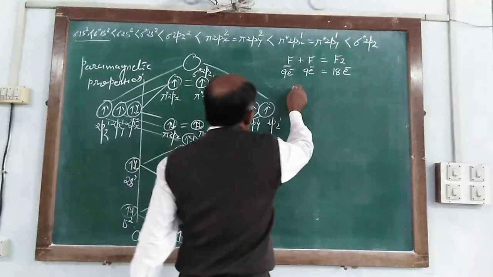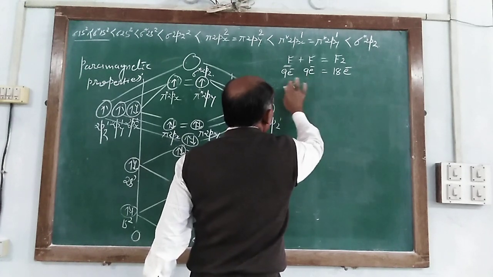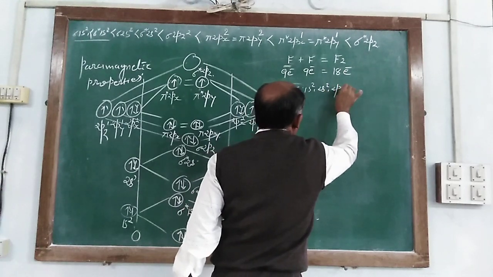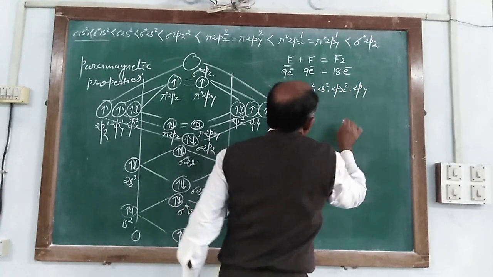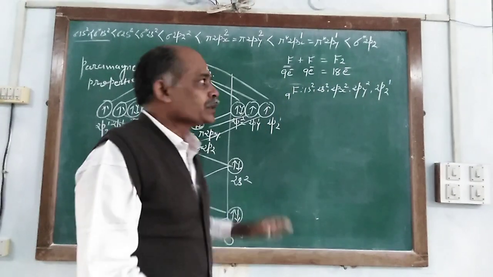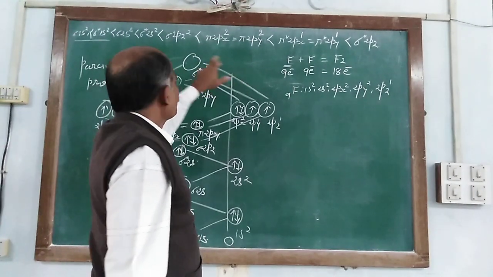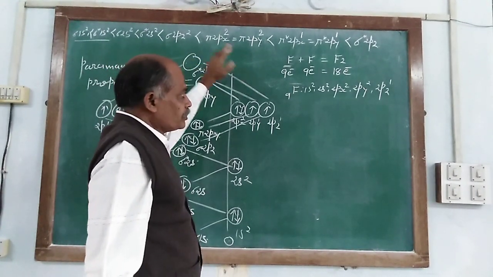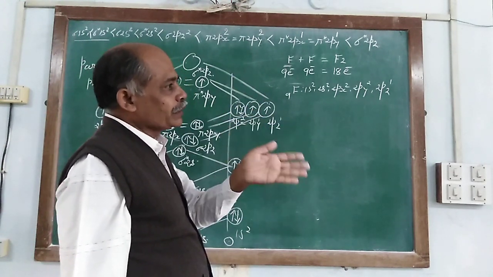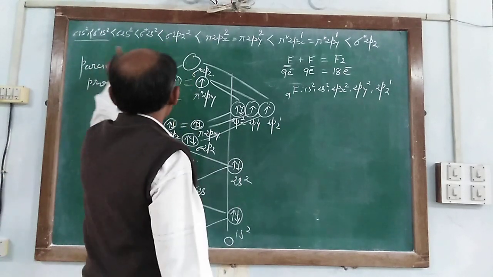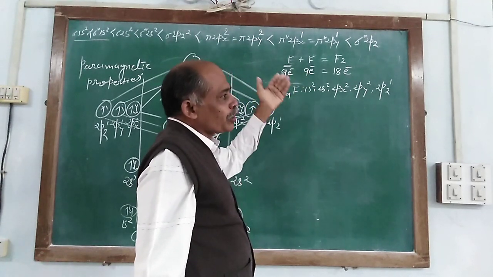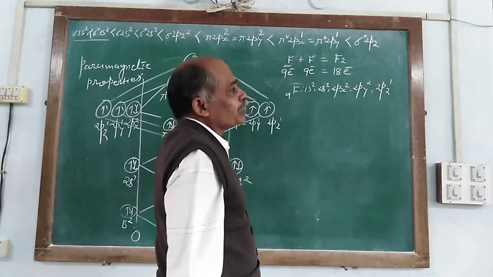Each fluorine has the electronic configuration 1s2, 2s2, 2px2, 2py2 and 2pz. The sequence is similar to oxygen because the number of electrons is more than 14 and less than 20. So this sequence is followed to accommodate the electrons in molecular orbitals.